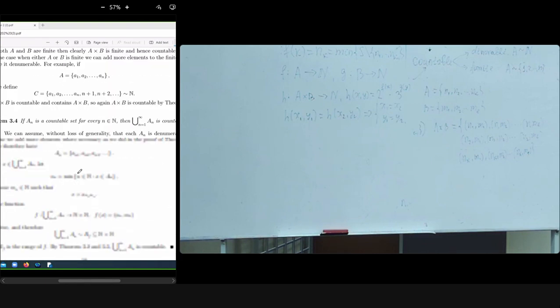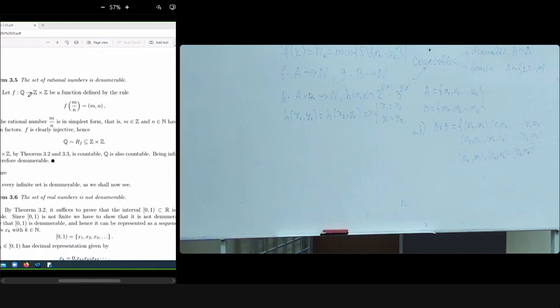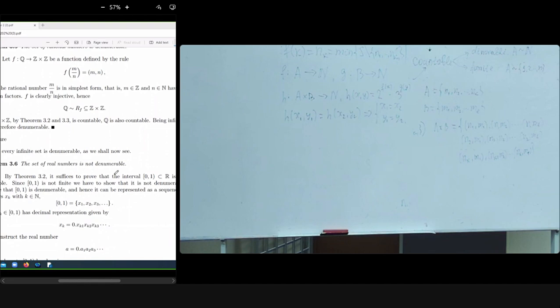So these two you learn yourself. Tomorrow I will prove that the set of rational numbers is denumerable, and the set of real numbers is not denumerable.